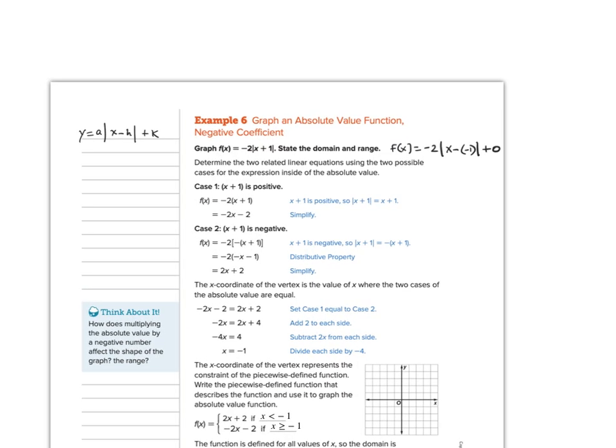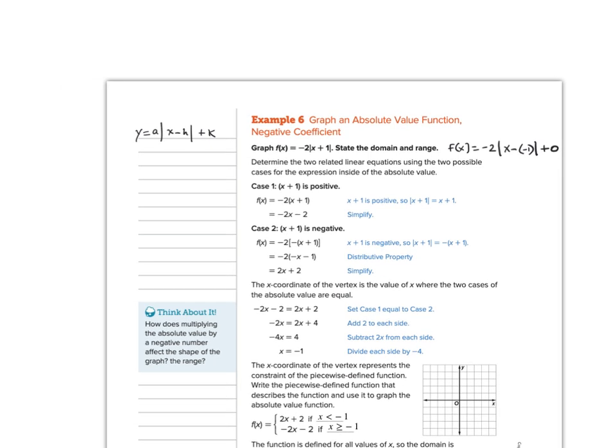Now, graphing it with a negative coefficient. Let's see, what do we have to remember? We have to remember that an absolute value can be either a positive or negative number. So in this case, the inside of my absolute value can be positive or negative. In the case of the positive value, if I distribute the -2 to the positive information, this is part of my function.